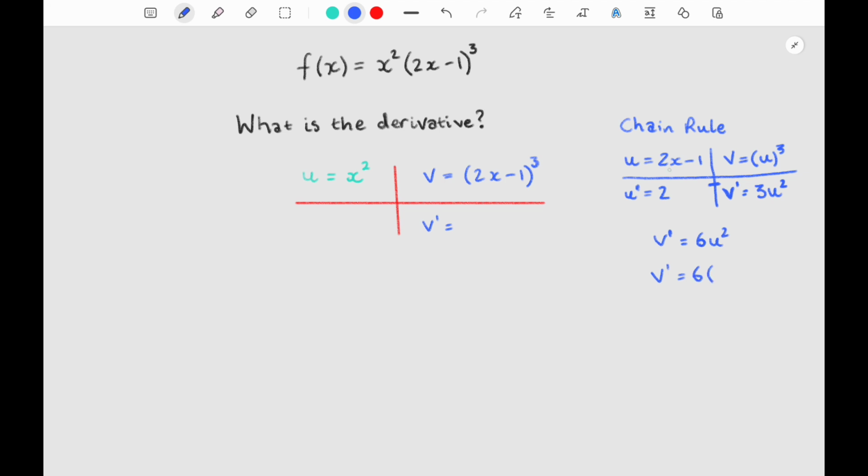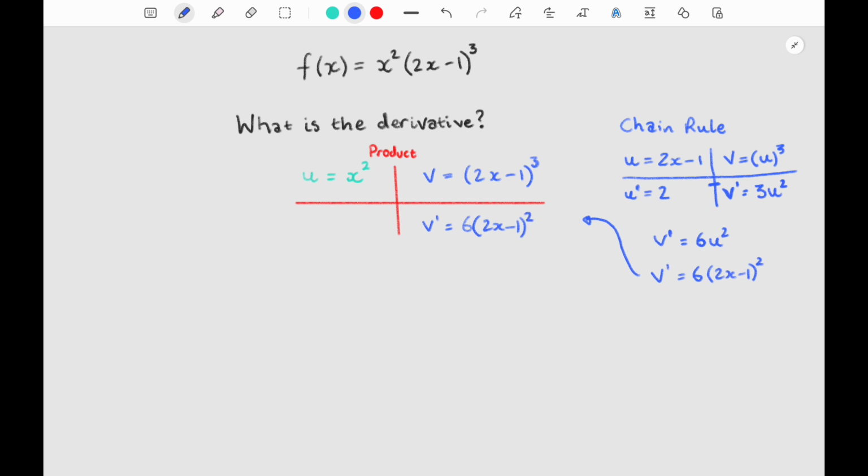So we replace the u with 2x minus 1 squared, as per the definition we have in the top left box. Right, so we've got the definition using the chain rule on the side, and now we're going to put it into our product rule box, just like this. And v dashed is just going to be written as it is in there.